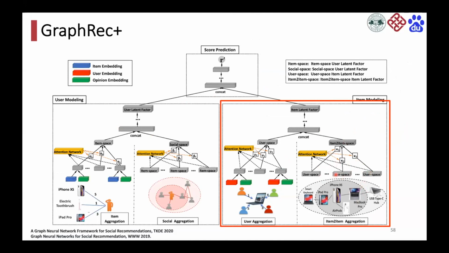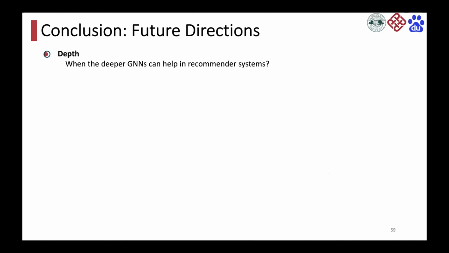We can see that the item modeling part is quite close to the user modeling. They also have two aggregations, the user aggregation and the item-to-item aggregation. Okay, this is for the representative graph neural network-based recommender systems.